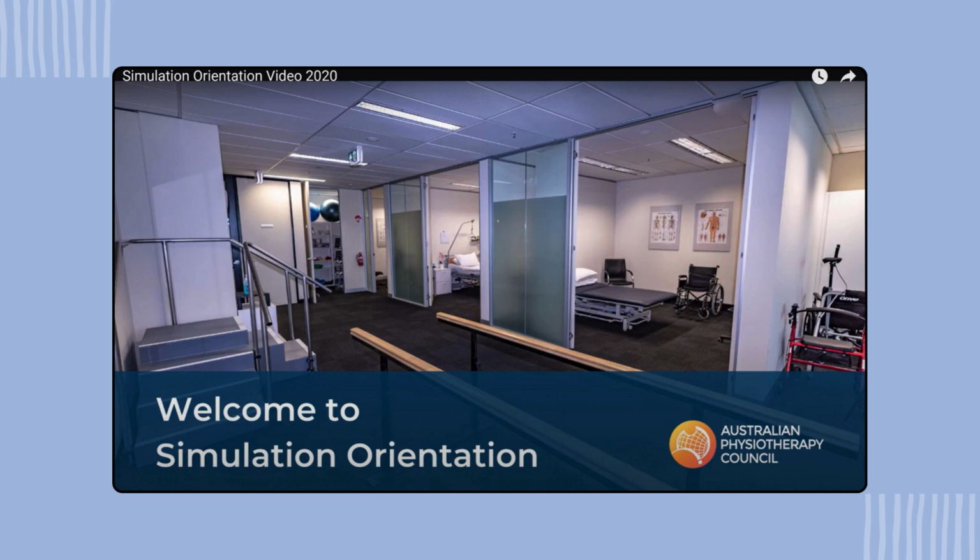This is a snip that I have put in from a YouTube video on the simulation orientation, from the Australian Physiotherapy Council. As you can see, there are three rooms. The rooms with the bowls that you can see, that's the equipment room. The one next to it is your musculoskeletal room.